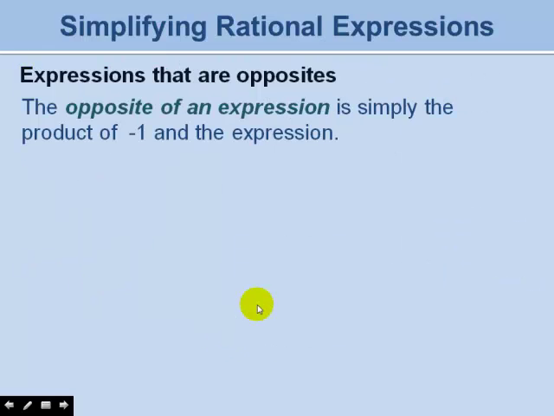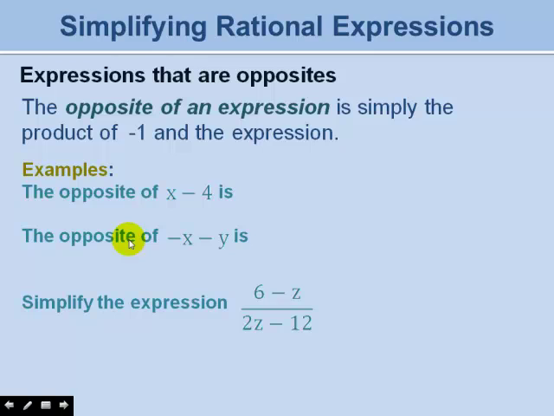Okay, now let's talk about expressions that are opposites. This is something that we see quite a bit in simplifying rational expressions. So if we talk about the opposite of an expression, it's just the product of -1 and that expression. So for example, the opposite of x minus 4 is found just by taking -1 times the quantity x minus 4.